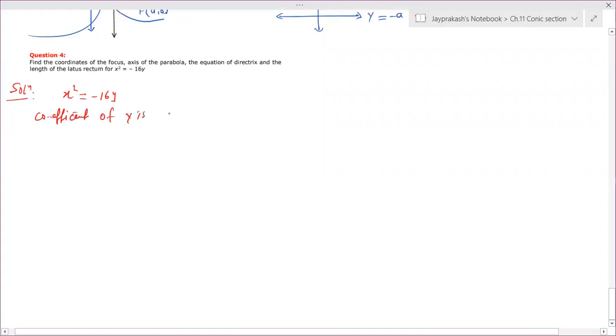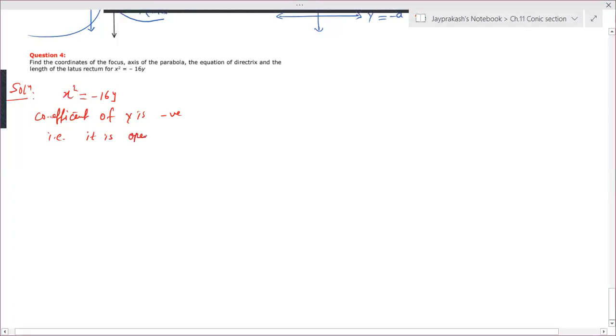The coefficient of y is negative, so it means it is an open downward parabola.